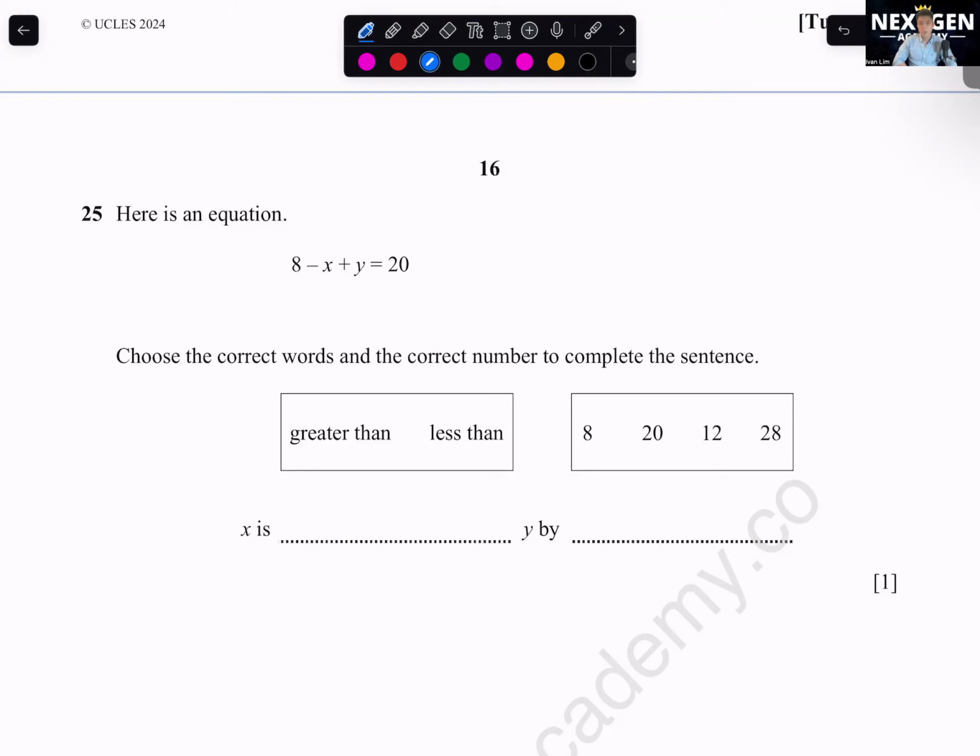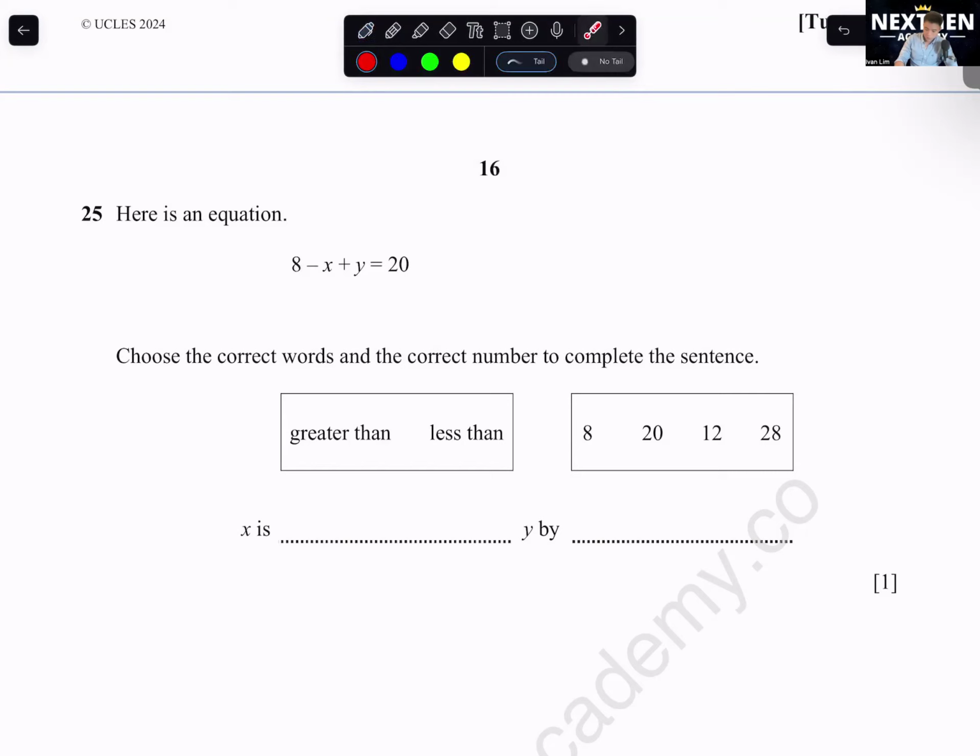Okay, so how do we... Okay, we first have to rearrange the equation first to fit into this sentence. What does this mean? Okay, so what we need to do is let's make x as a positive value first. Okay, so I want y'all to do this.